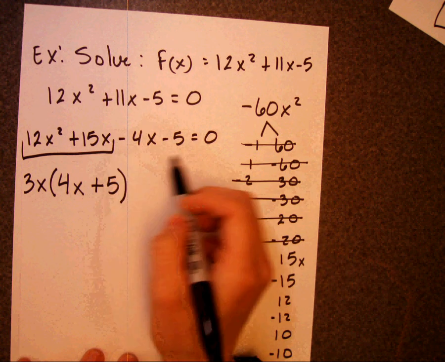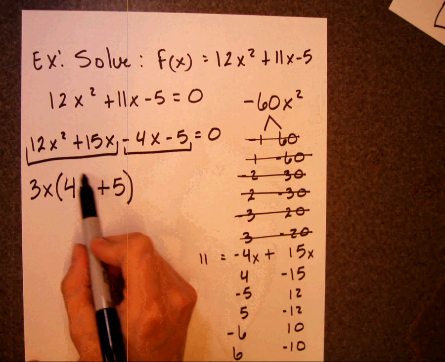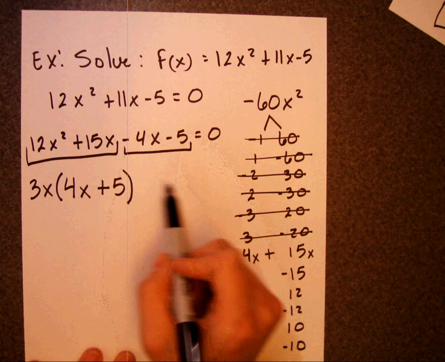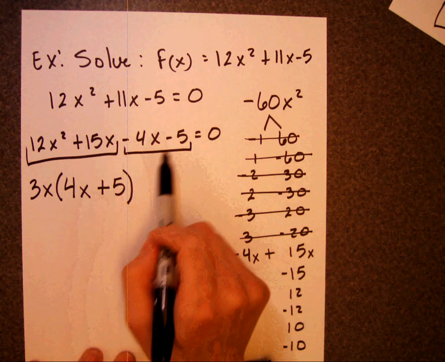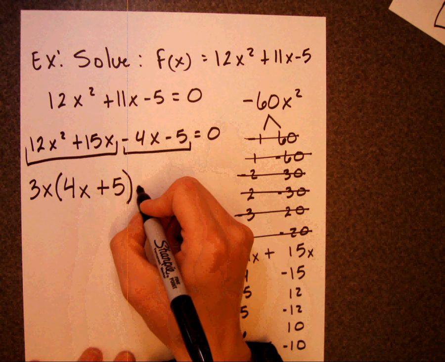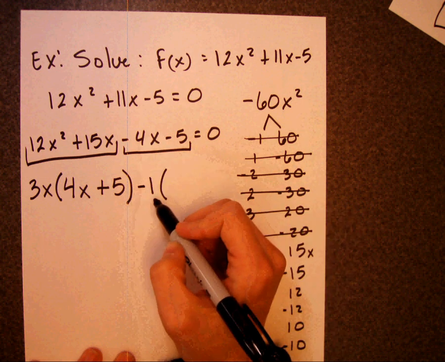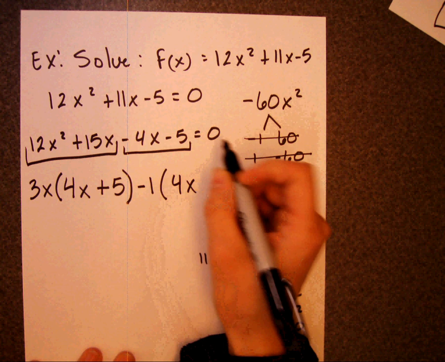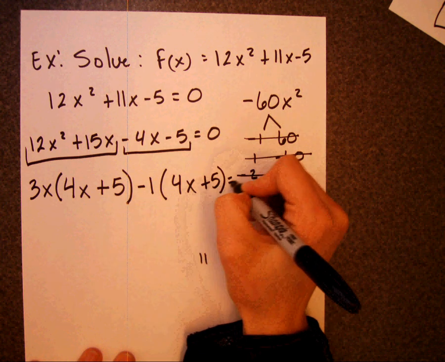And remember my goal, what I need, what's inside these parentheses needs to be the same as what's inside the other set of parentheses. These are both positive, these are both negative, so I can take a negative 1 out. Negative 4x divided by negative 1 is positive 4x. Negative 5 divided by negative 1 is positive 5. And it's still equal to 0.